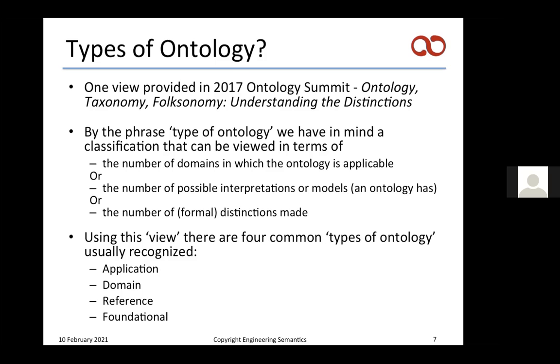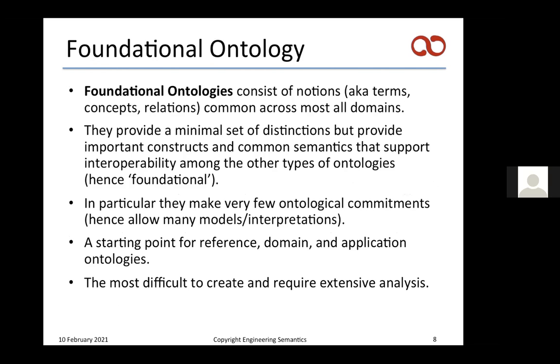So a foundational ontology consists of notions. And by a notion, I mean not necessarily things that are just considered as nouns or concepts, but also relations, which of course could be considered concepts. So a foundational ontology is just a set of notions that are common across almost all domains.